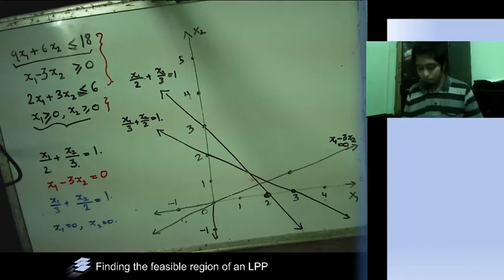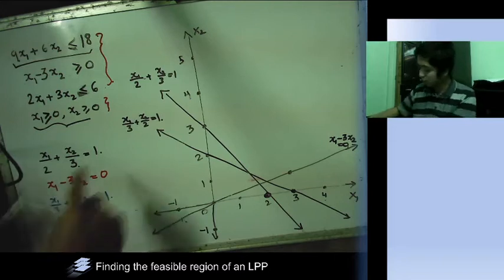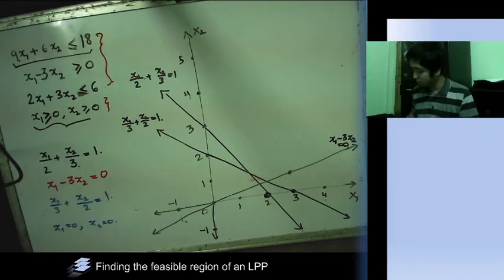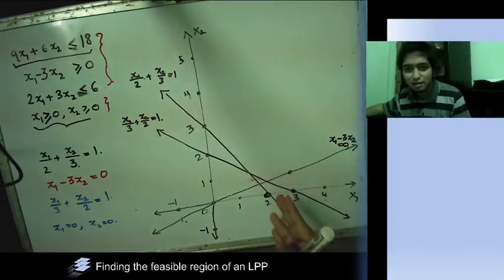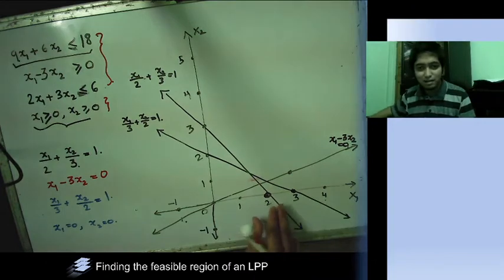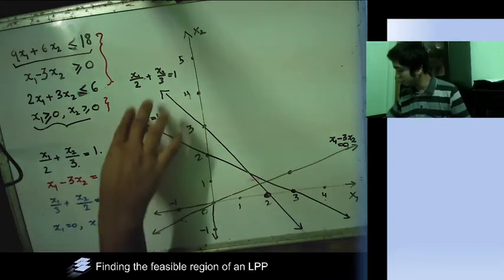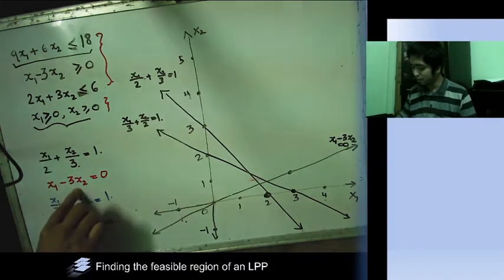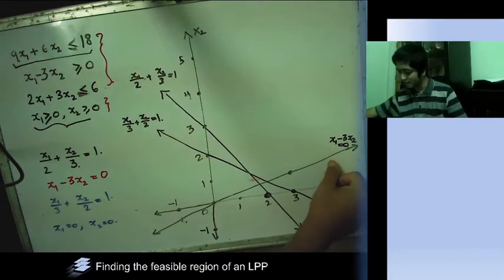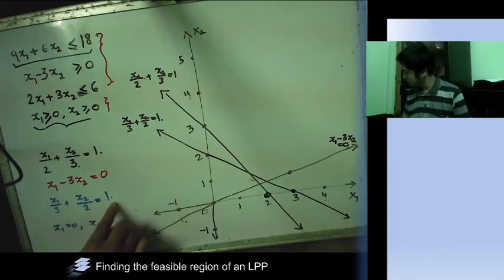Now that after converting them into equalities, you will plot these lines. That is exactly what I had done over here. I had plotted these three lines on the graph paper. x1 by 2 plus x2 by 3 equal to 1 is this line. x1 minus 3 equal to 0 is this line. x1 by 3 plus x2 by 2 equal to 1 is this line.